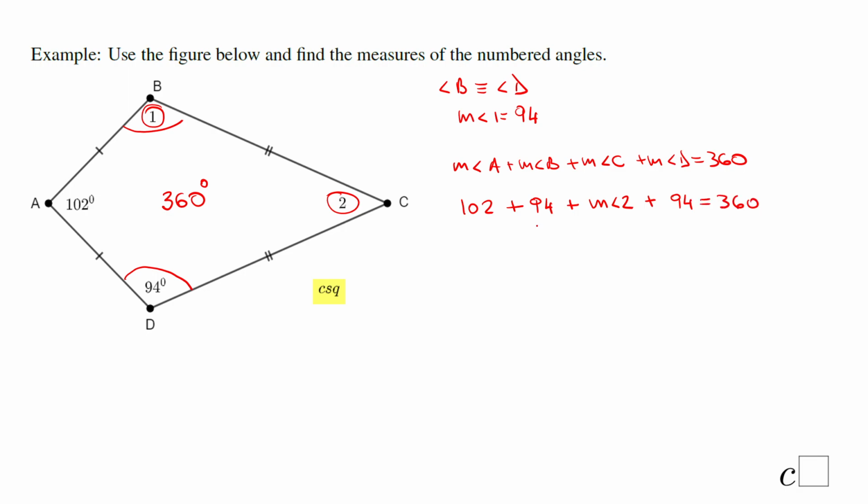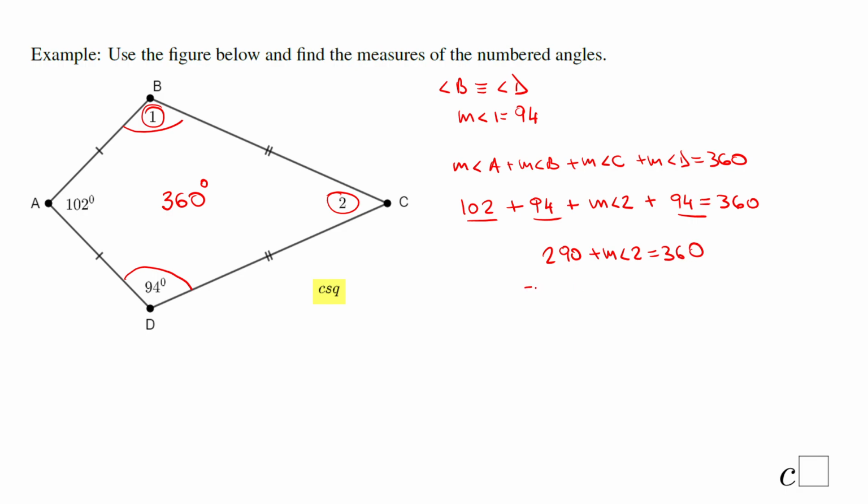So now I'm going to add these three numbers which represent the angles. We have 102 plus 94 plus 94 again. That will be 290 plus the measure of angle 2 equals 360.